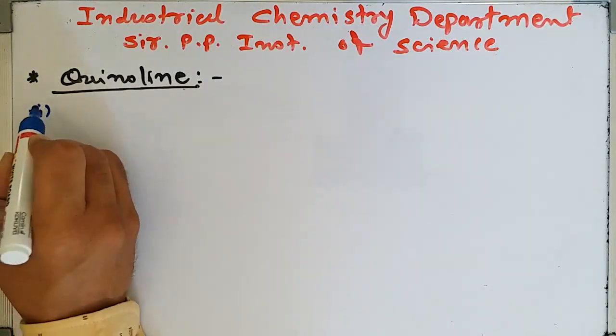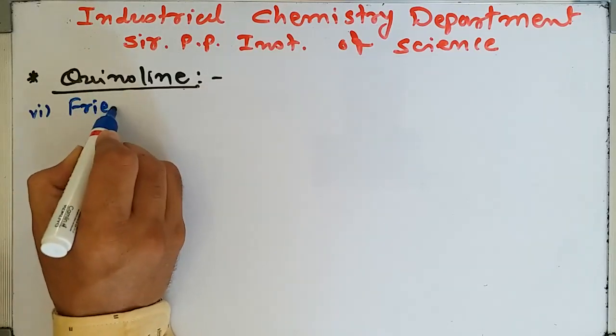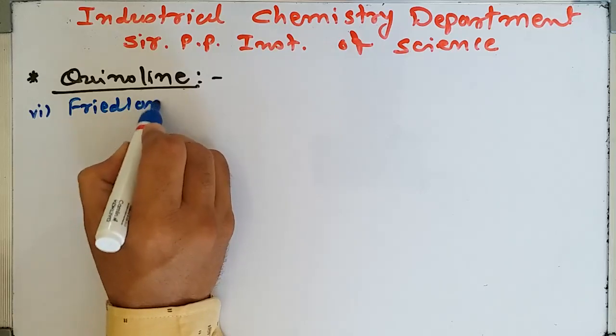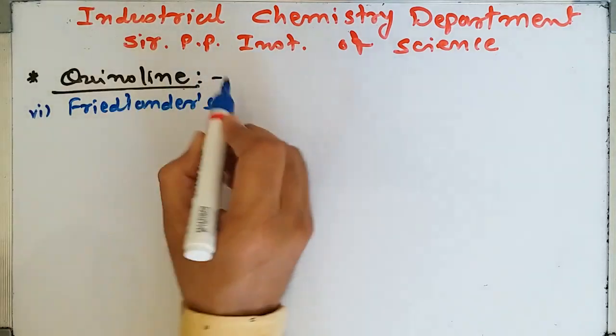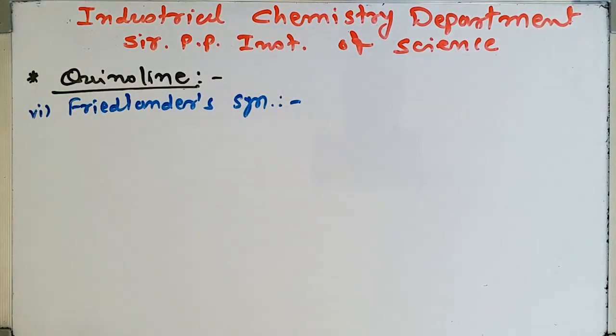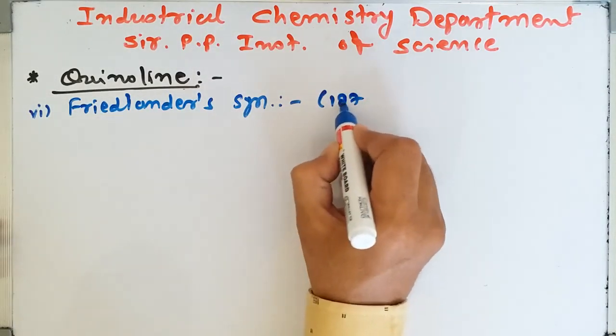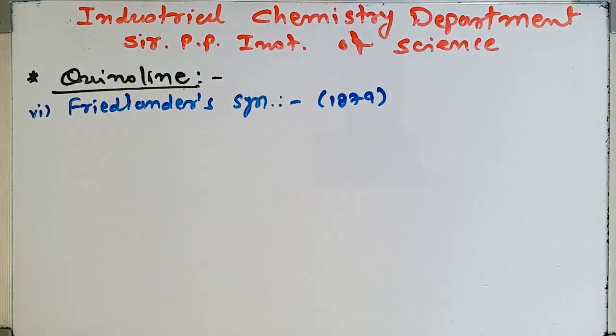Number 6, Friedlander's synthesis. In 1879, Friedlander condensed orthoaminobenzaldehyde with an aldehyde or ketone containing a reactive methylene group.